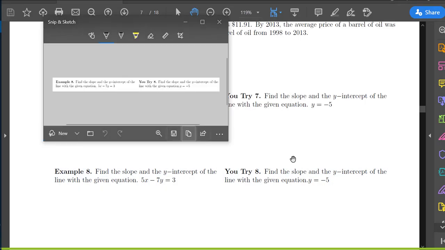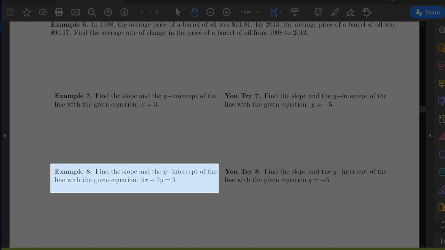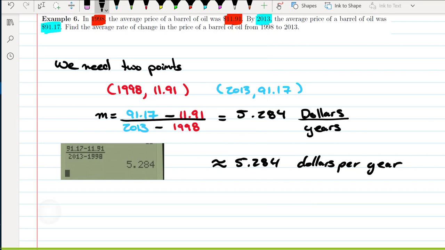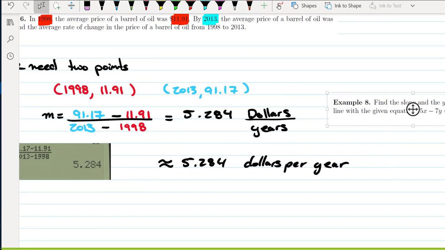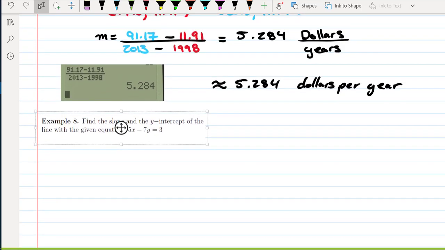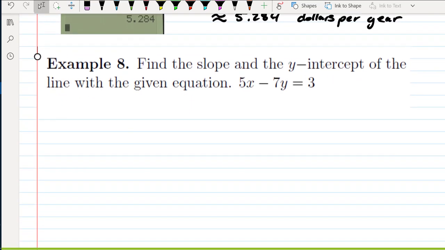So let's go to example number 8. And talk about how we're going to resolve this. And for example number 8, let's find the slope and the y-intercept of the line given by the equation 5x minus 7y is equal to 3.